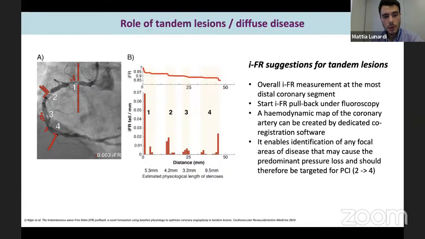So the more points there are, the more pressure drop across the lesions. And you should start to treat the lesion with the higher number of points, which in this case is number 2 and then number 4. And so you can easily address the most functionally important lesions just with the pullback and co-registering the fluoroscopy during the angiography.